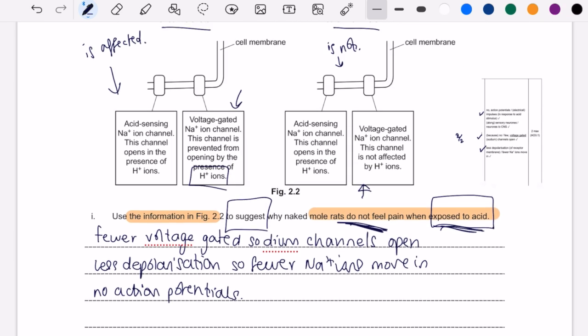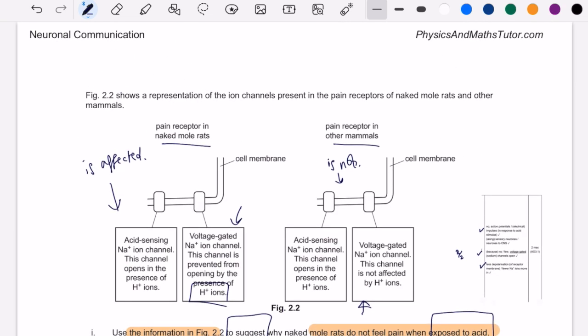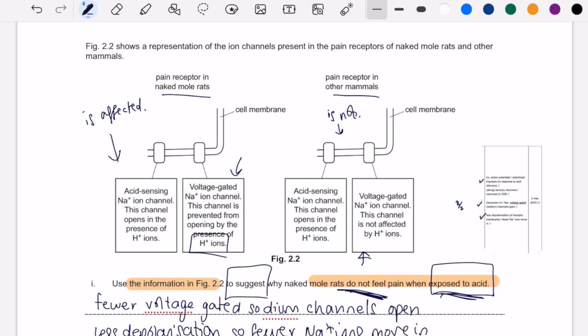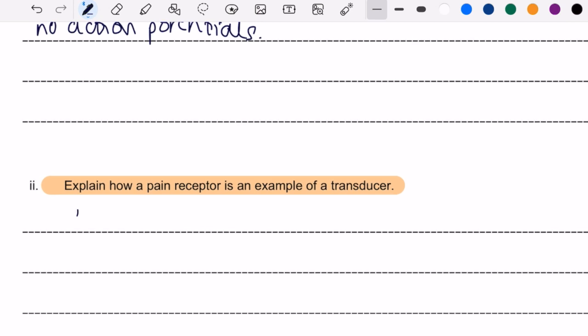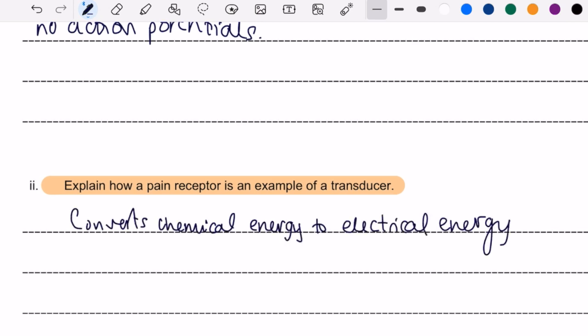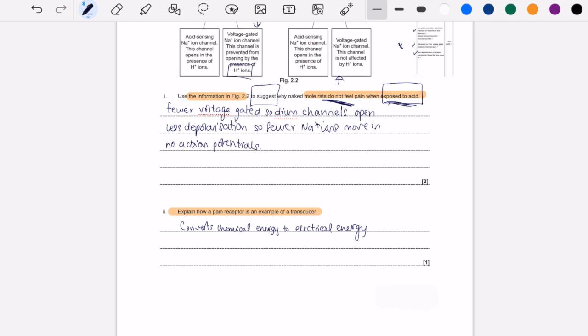So, if this is a pain receptor, and we have ions involved, so that's chemical, and then you're producing an action potential, so that's electrical, so that's your answer. It converts. Okay, I'm satisfied with that answer.